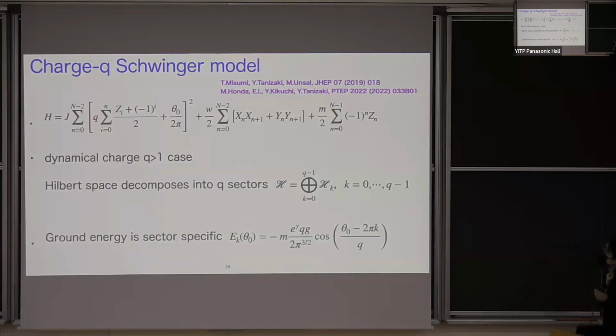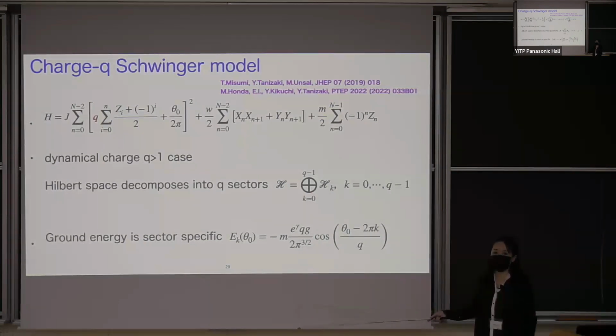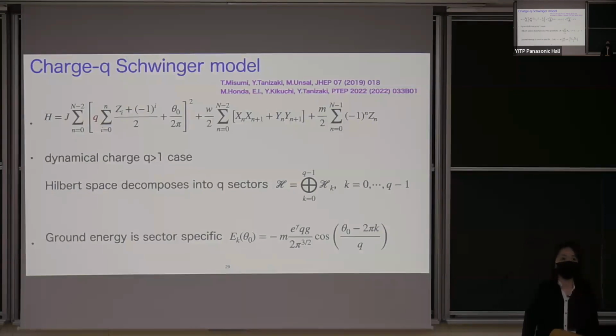The choice of sectors is done automatically, since this Hamiltonian acts on the total Hilbert space. Right. And when you change the value of theta or the mass, then the lowest sector is selected by the simulation. I see. Thank you.